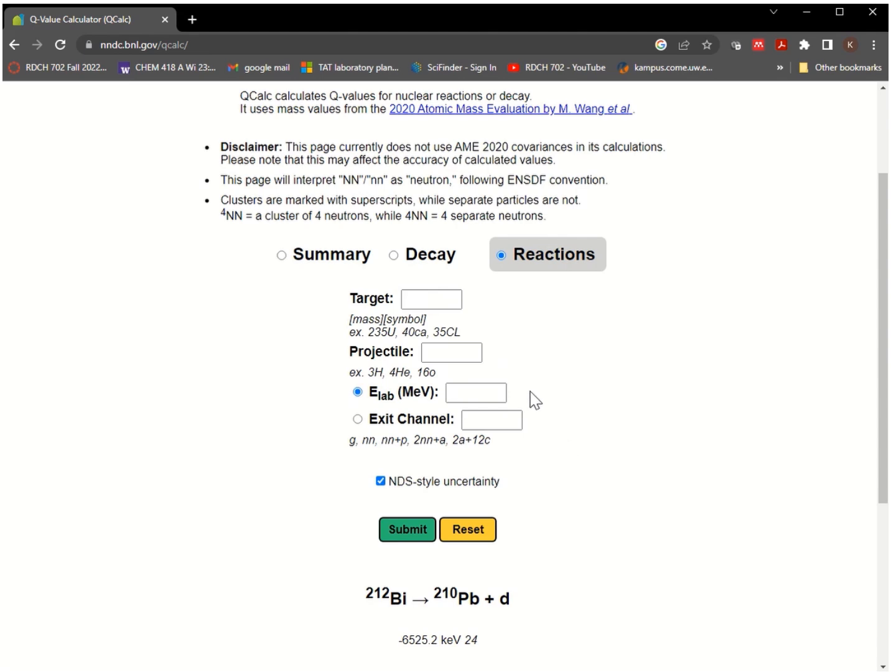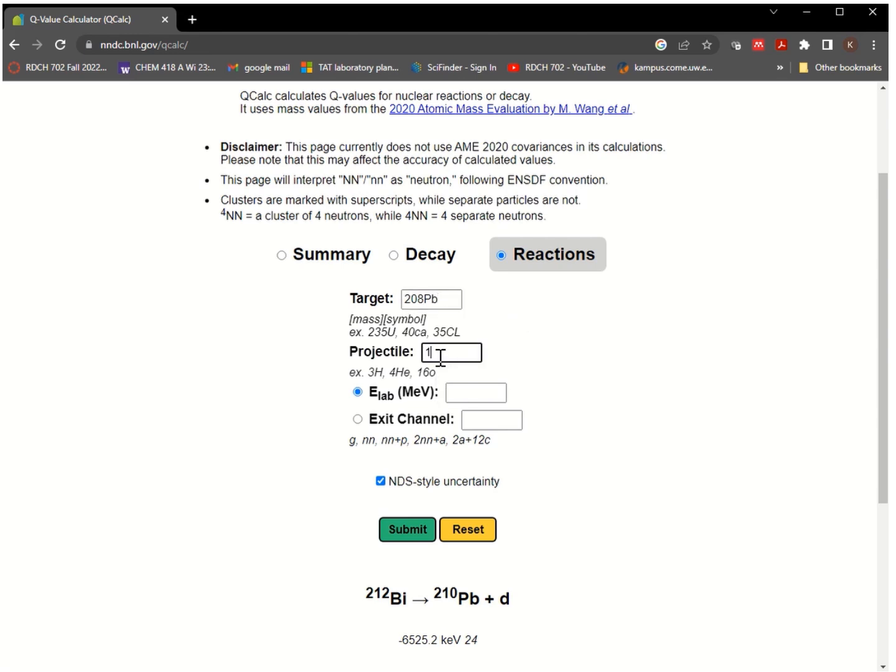Now, this Q value website can be used not only for the decays, but also for nuclear reactions. As we discussed in a previous slide, we're showing reactions with iron, but let's take a classic reaction. Let's take lead-208, and let's turn it into gold.